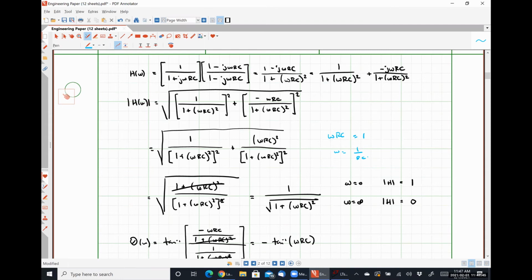So let's verify that, okay? We chose a value of 1 kilo ohm, and we chose a value of 1 microfarad, I believe, for our filter.